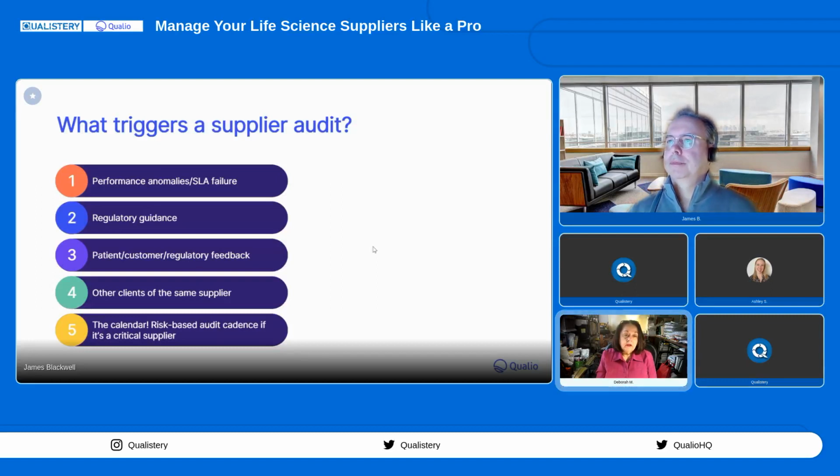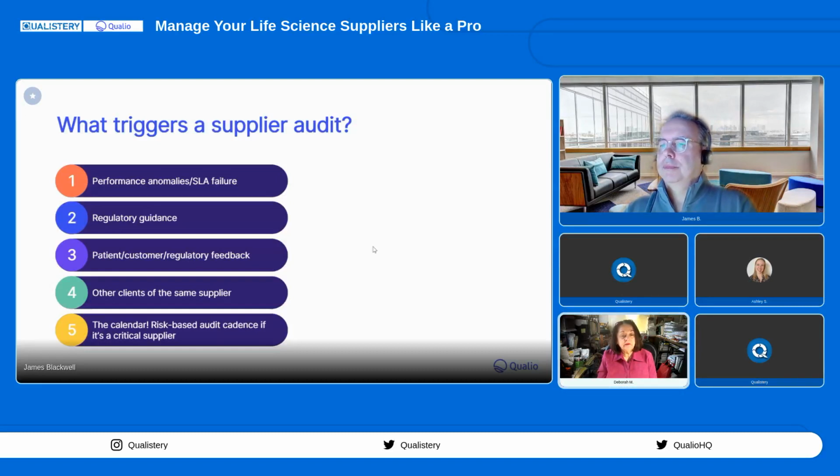So we have performance anomalies. These are things that would trigger an audit after you have approved the supplier in some cases. Regulatory guidance, patient and customer feedback, other clients of the same supplier. If you see that, you do your research before you approve the supplier.